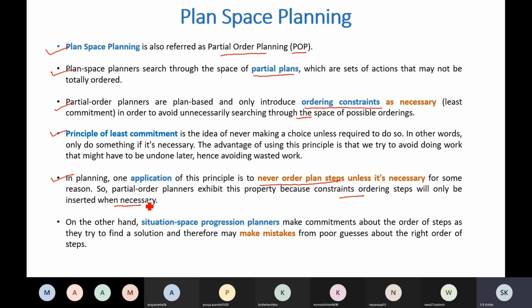From Bamburi, Shiv Colony. From Shiv Colony to my home. Now this is a totally ordered plan. In this way I will reach home if the plan is a rigid plan.